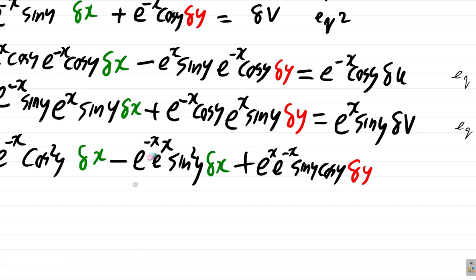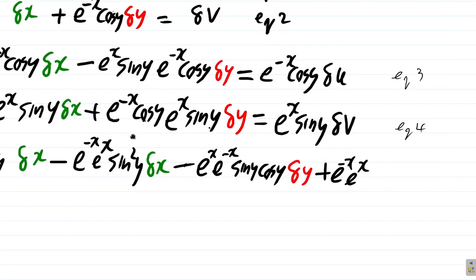There's a minus sign there, so it's minus. Plus now, plus this, plus e to the negative x, e to the x, sine y, cos y. See that? We have our sine y, cos y, and then our del y.